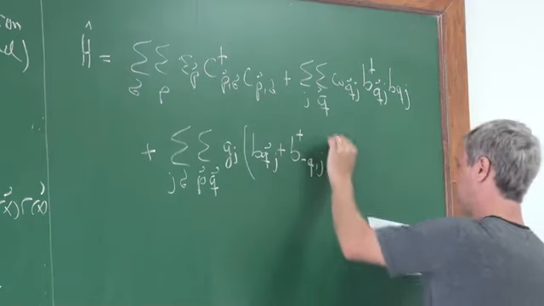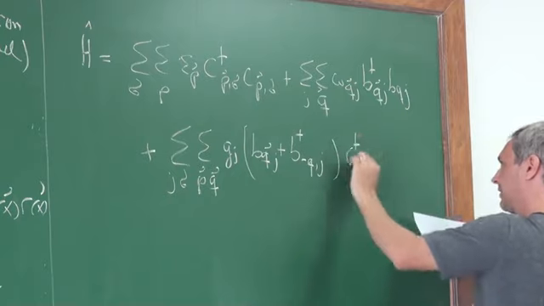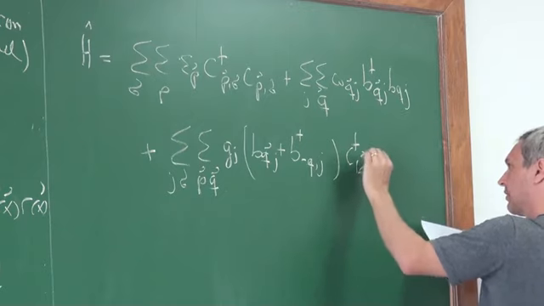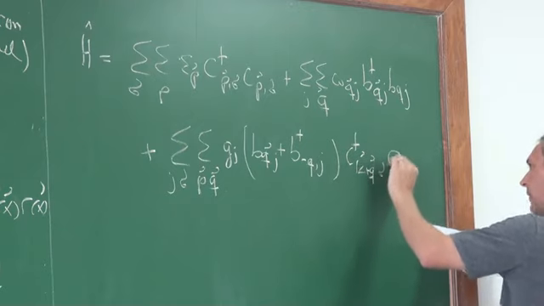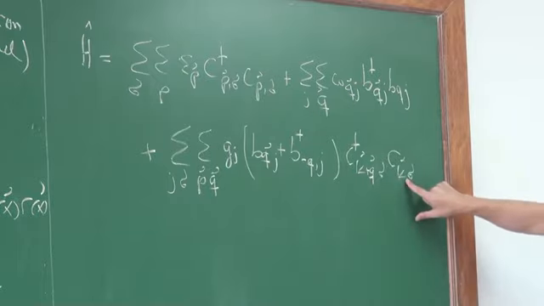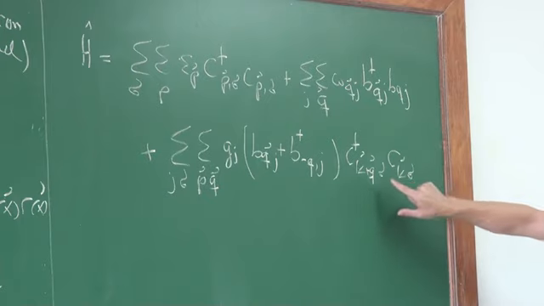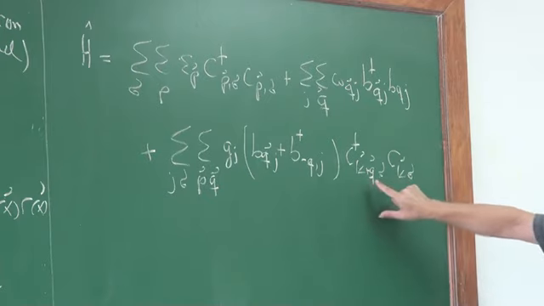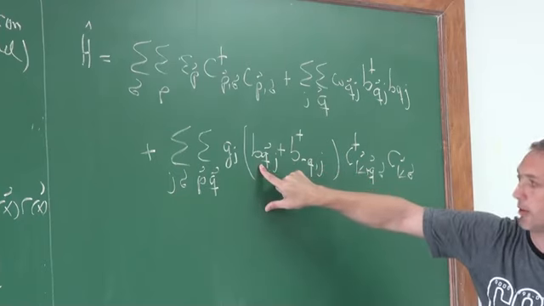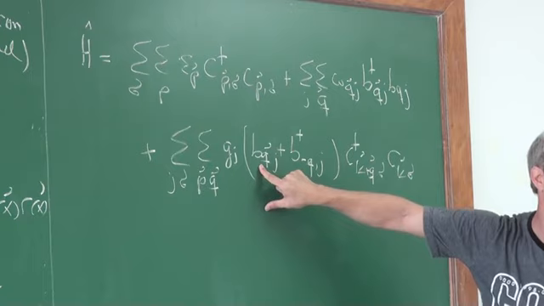And what you have here describes an interaction between electrons and phonons, where what happens is you destroy some electron with a momentum k, and you create an electron with momentum k plus q, and this occurs by absorbing, for example, a phonon with momentum q.